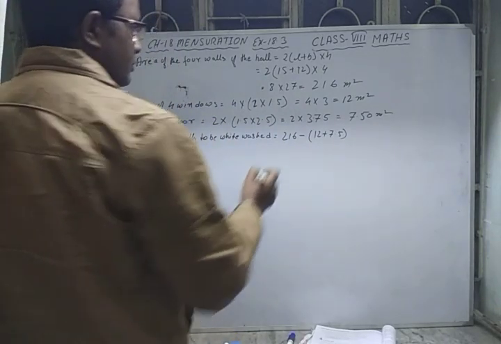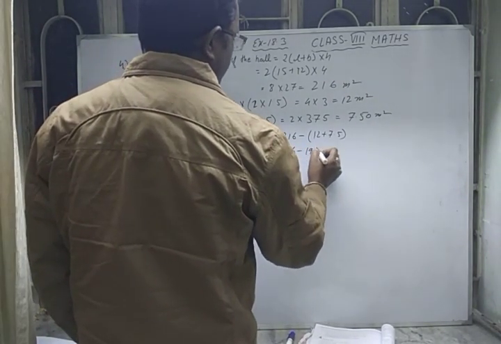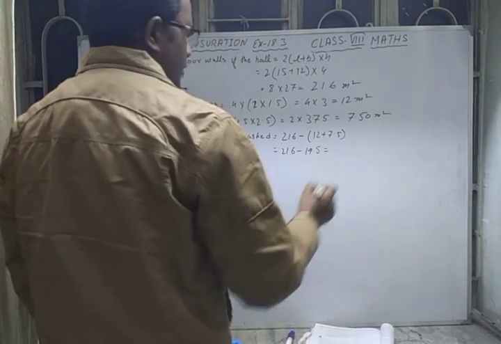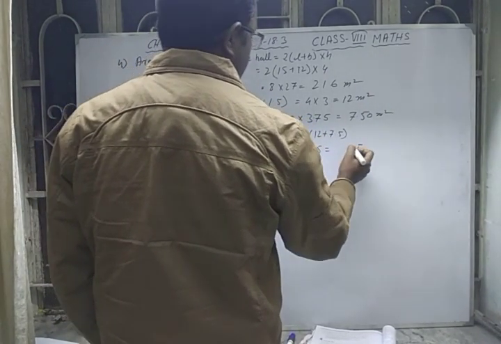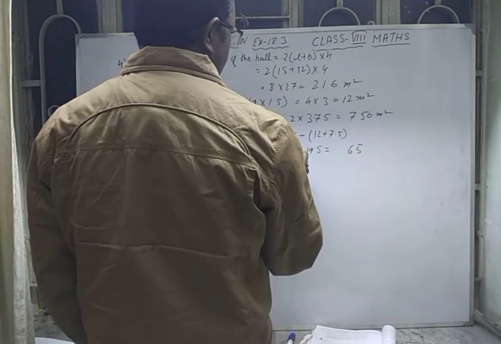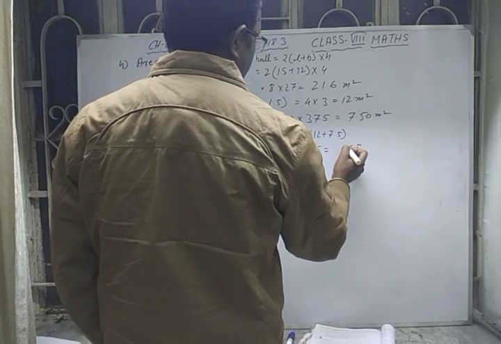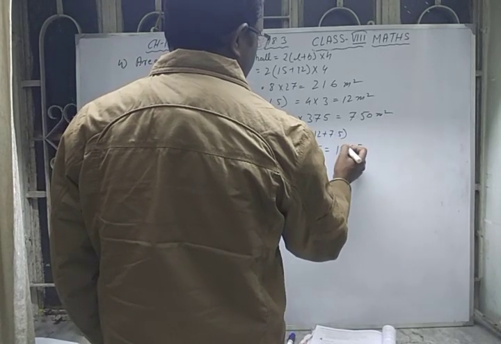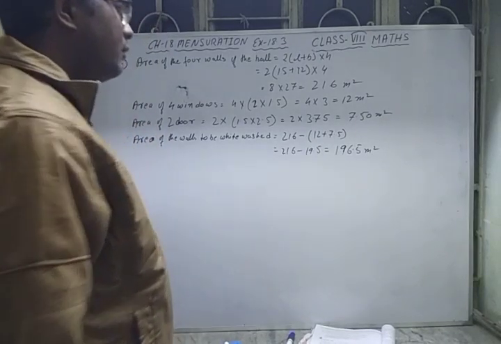Okay. So this is equal to 216 minus 19.5. What will we get? 196.5 meter square area has to be whitewashed.